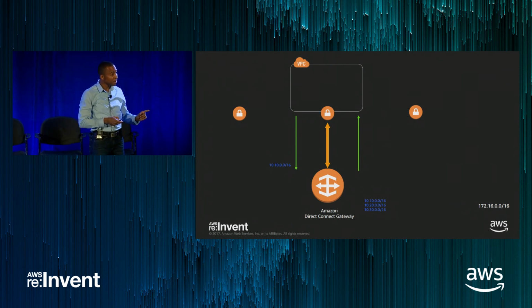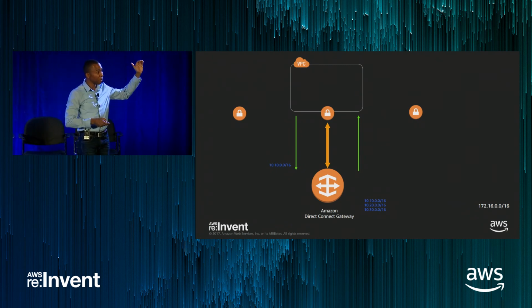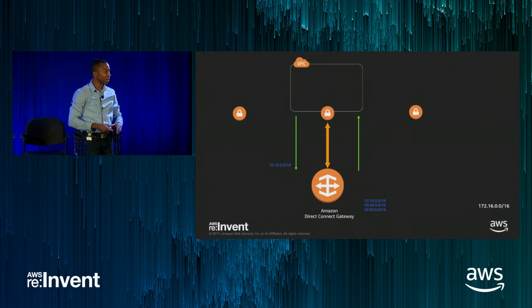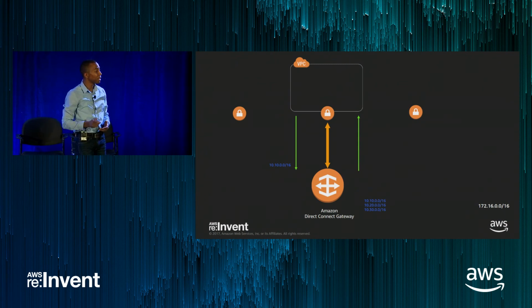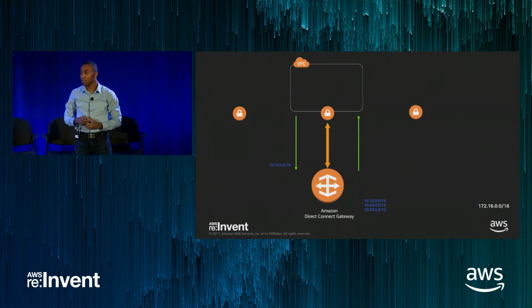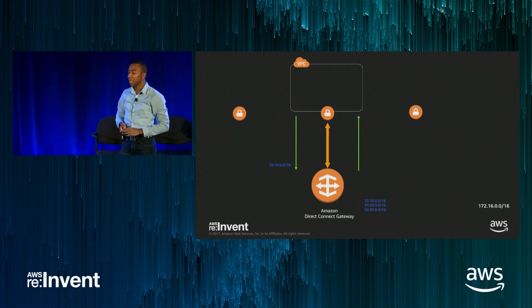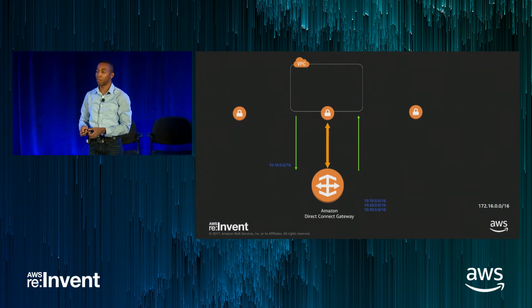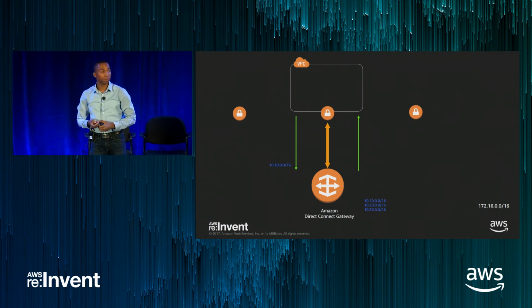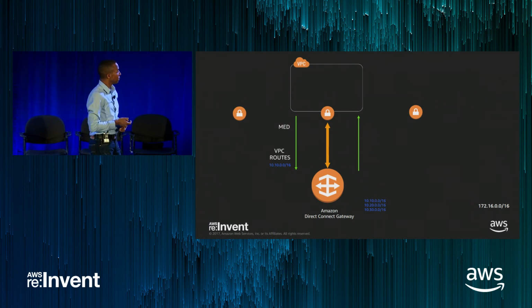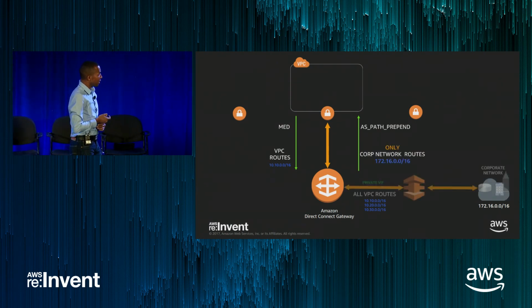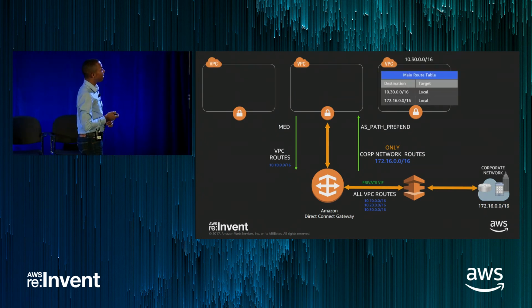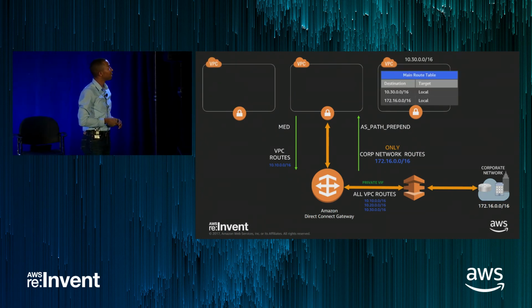It's a one-to-one communication. The only thing that's advertised to your virtual private gateways or your VPCs is the routes learned from your on-premises network. And by doing that, we've now simplified your route tables.